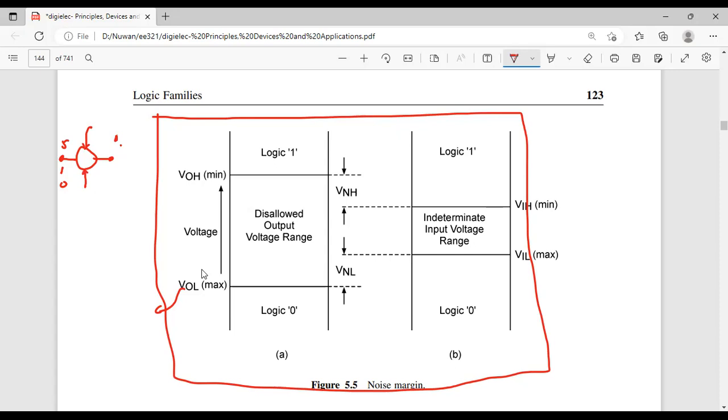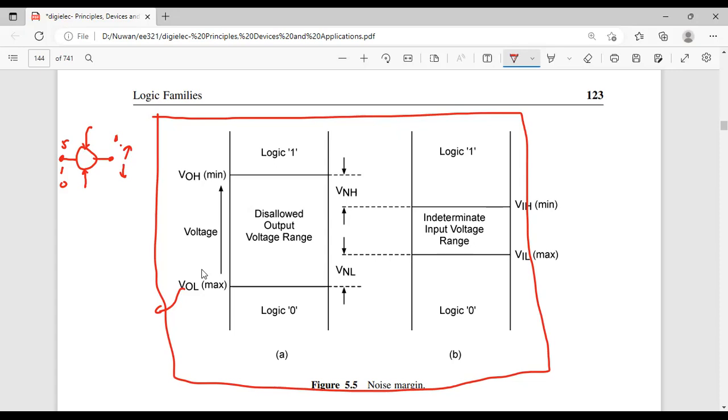So the output can be somewhat higher or somewhat lower than 5. So there should be a voltage margin to understand whether this is 1 or 0.